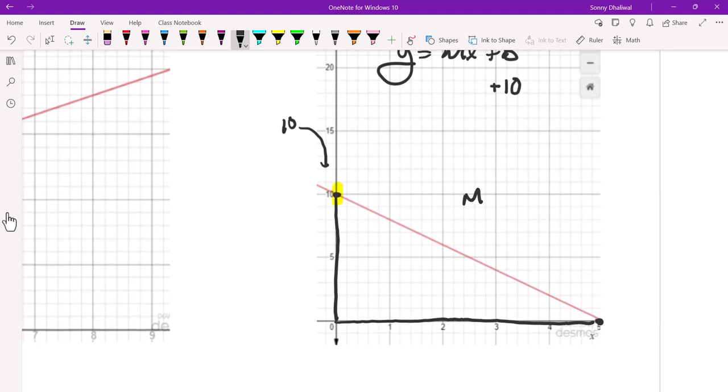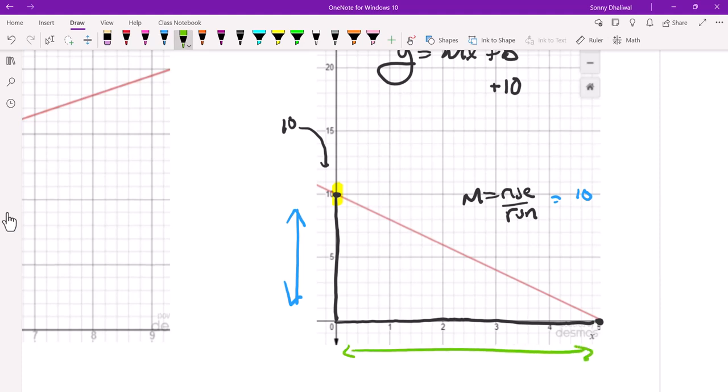I want to find my rise over run. My rise is how far we move vertically. Between 10 and 0, how far do we move? 10. Between 0 and 5, how far do we move? 5. And 10 divided by 5 is 2.